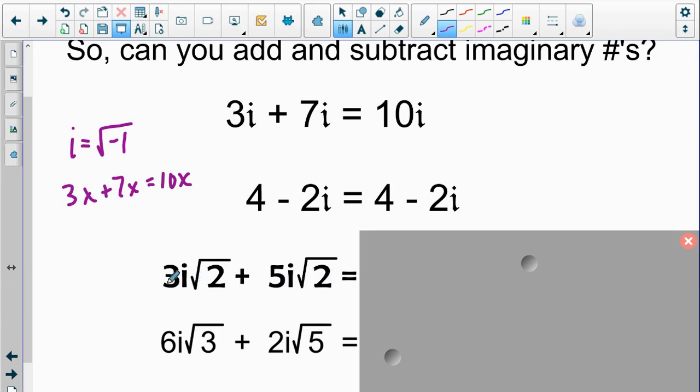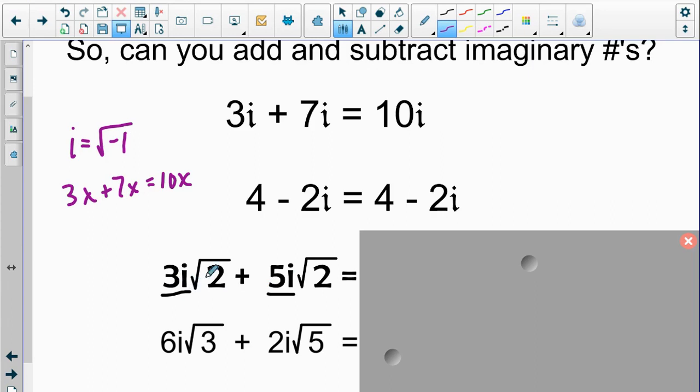In the third example, we have 3i square root 2 plus 5i square root 2. Now, we have to combine what we learned about radical expressions and adding them, but also imaginary numbers and adding. So in this case, we have the same radical part of the expressions, and the parts in front, the coefficients, can be added together. 3i plus 5i is 8i.